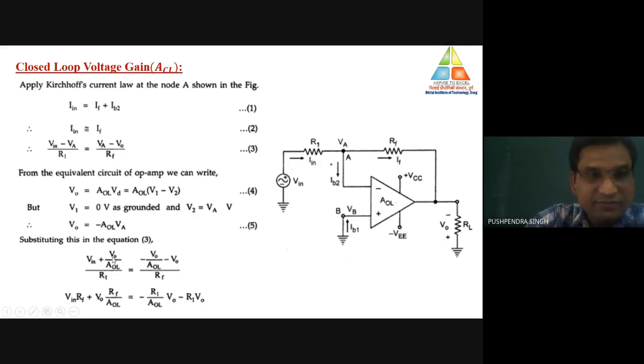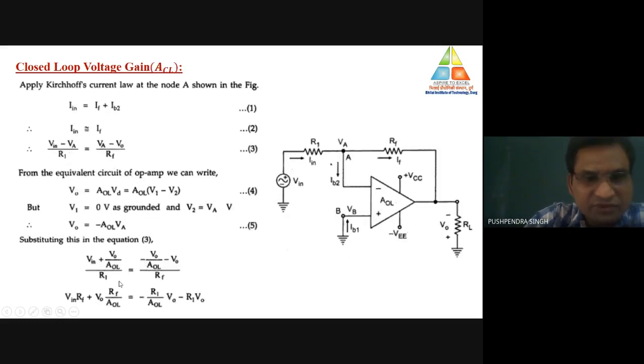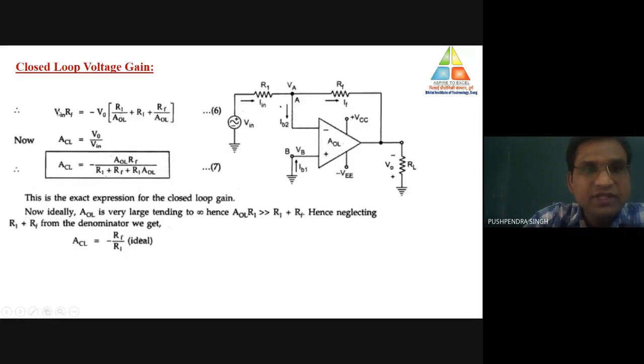So Vin plus V0 divided by AOL, divided by R1, is equal to this one term. After simplification, you get Vin into RF is equal to this one. Just substitute the value and finally calculate the output in terms of this.